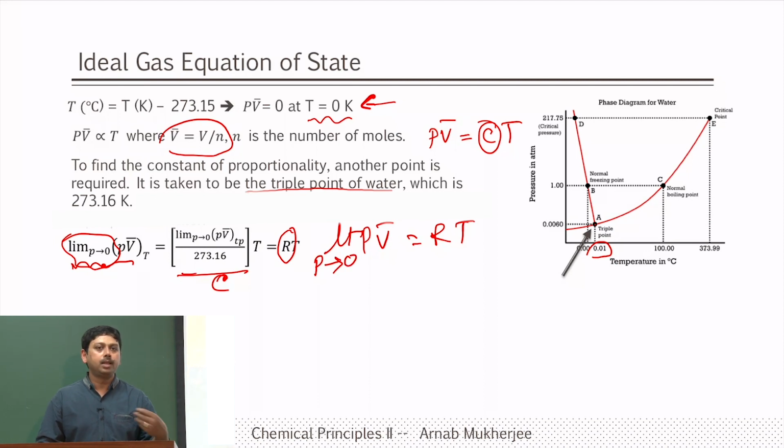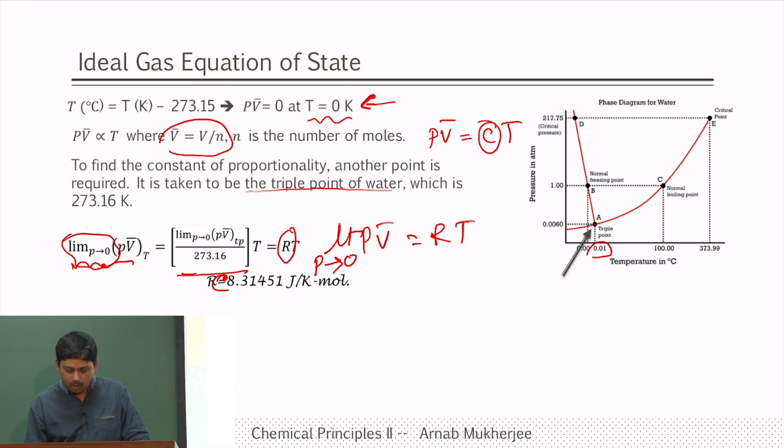By dilute I mean the pressure is very low. So, you see automatically from the Zeroth law of thermodynamics and from expansion of gas by taking dilute gases, we arrive at the equation PV equal to RT, and V here is molar volume, and R has a value of 8.314 joule per Kelvin mole.